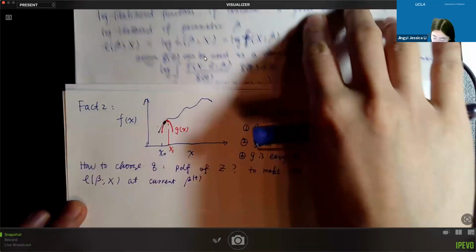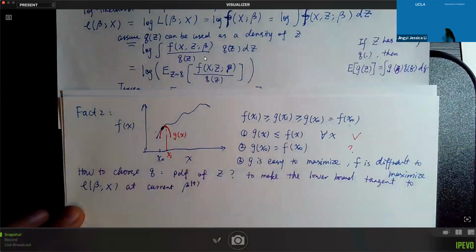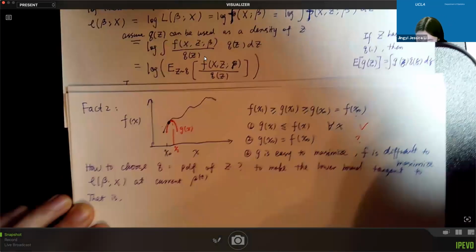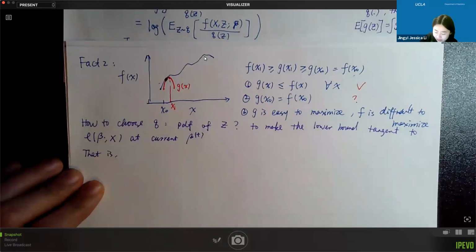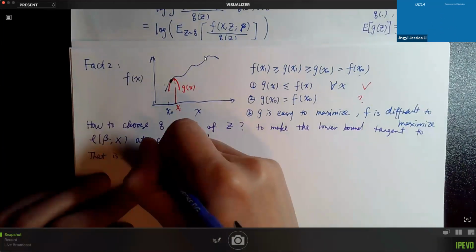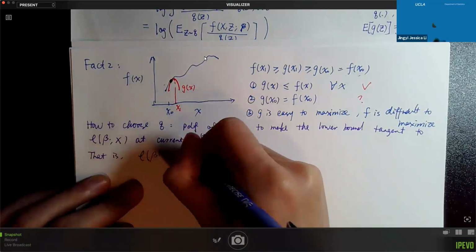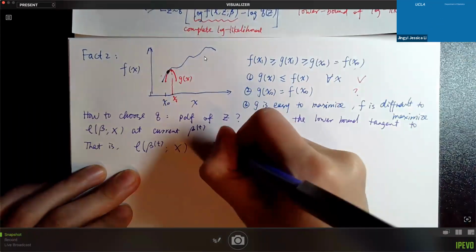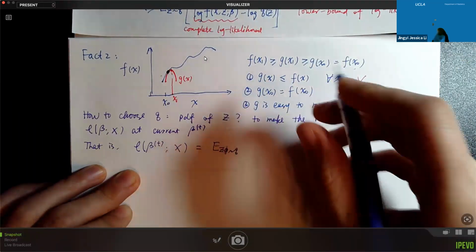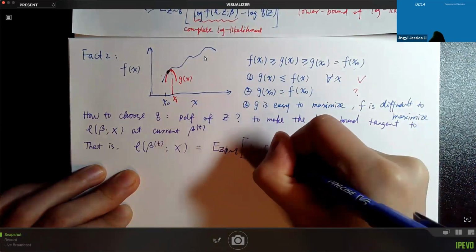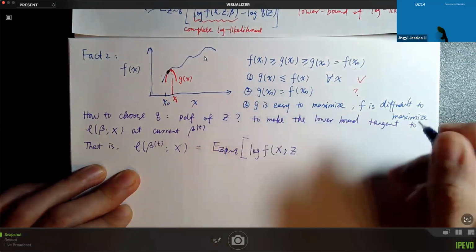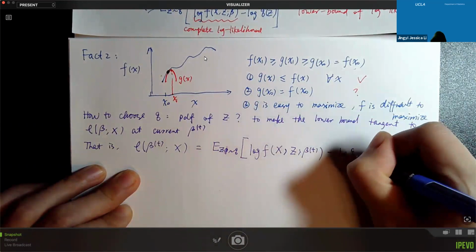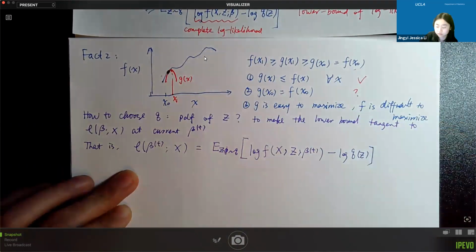So in other words, we need to have L(beta_t; x) equal to the lower bound, which is here: the expectation of z following q density of log f(x,z), the joint density at beta_t, minus log q(z). We need to satisfy this.